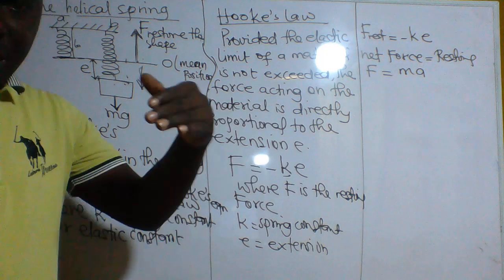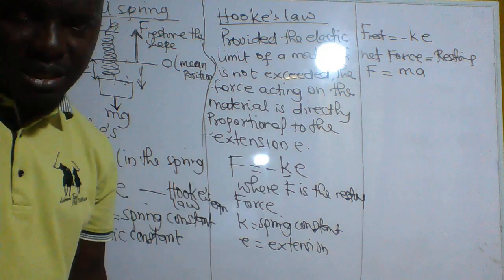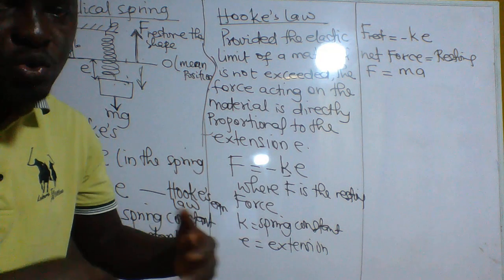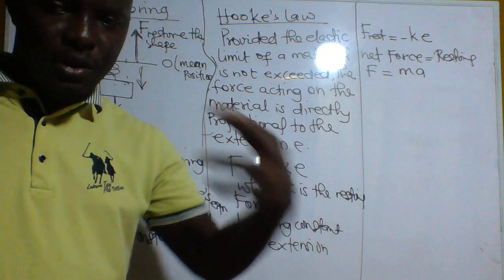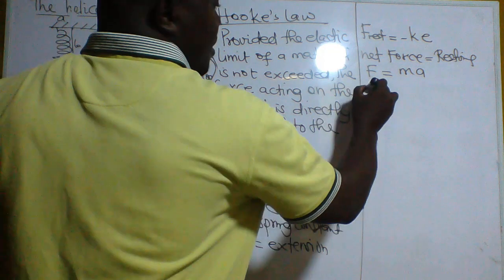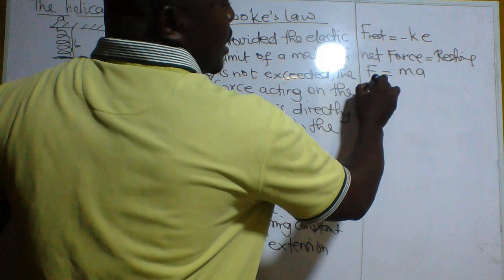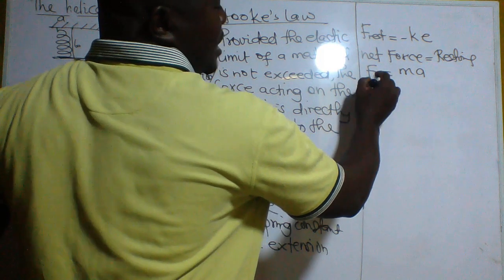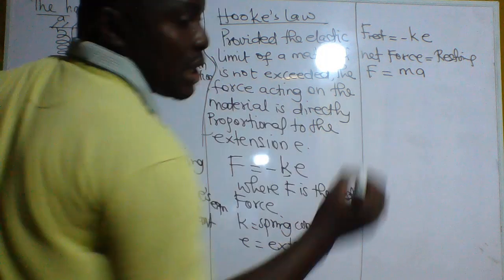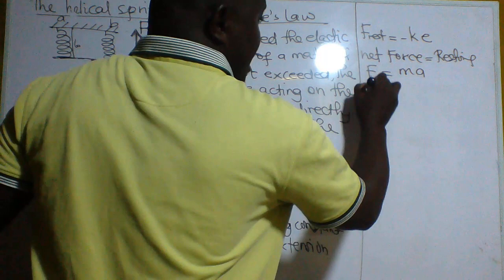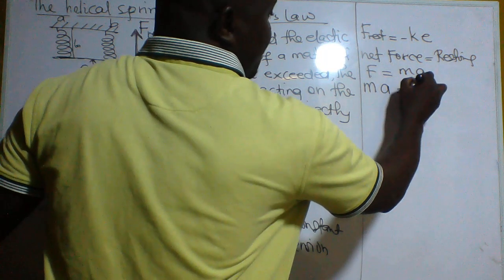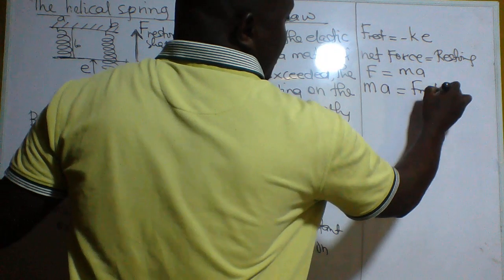Therefore the body is accelerating, and the cause of this acceleration is the restoring force. So from Newton's second law of motion, we can equate that ma is equal to the restoring force F restoring.